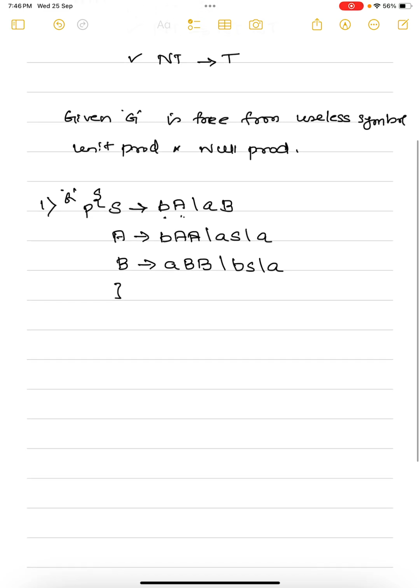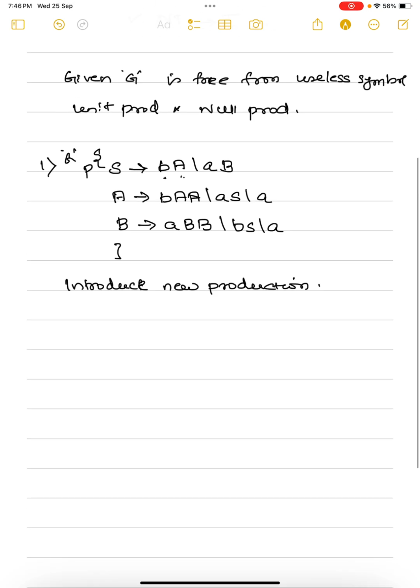So for that we will introduce new productions, concentrating on one production at a time. See, S goes to bA. For this b, if we have a non-terminal, then it is fine.